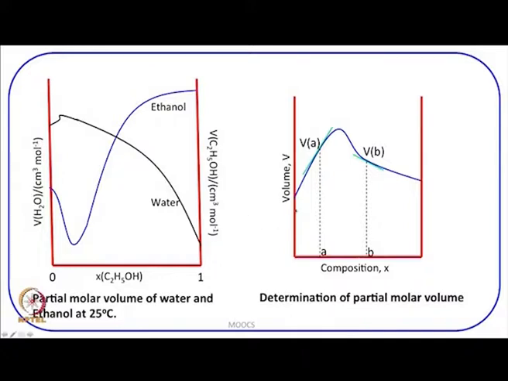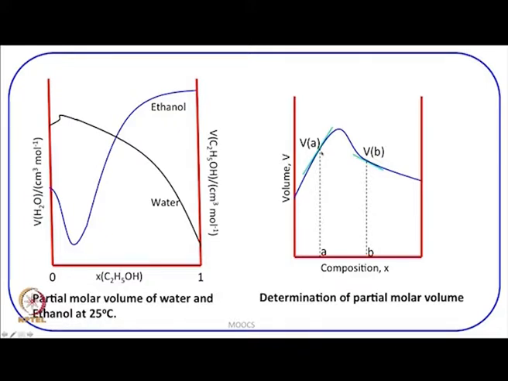If the variation of volume with composition of a component is like this, the partial molar volume changes with composition, and at any given composition, the partial molar volume is the slope of the tangent drawn at that composition.